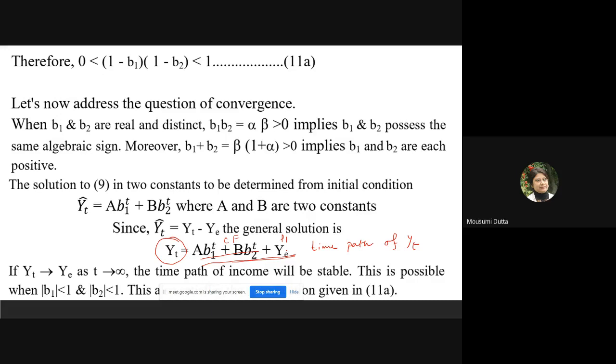So if yt tends to ye as t tends to infinity, the time path of income will be stable.